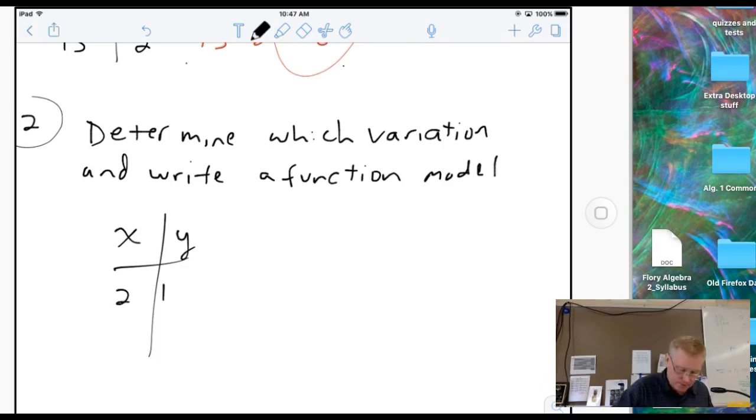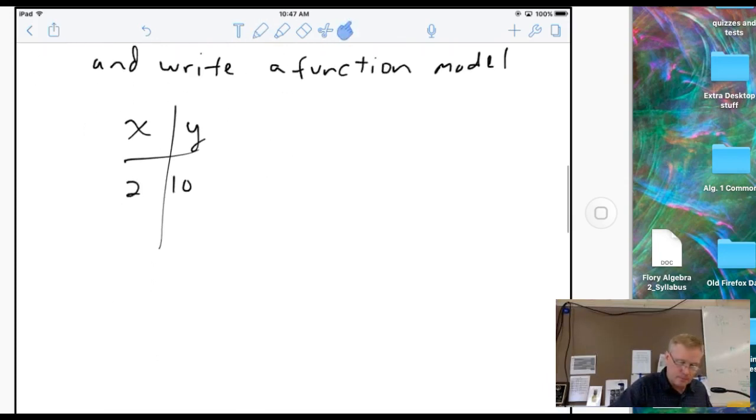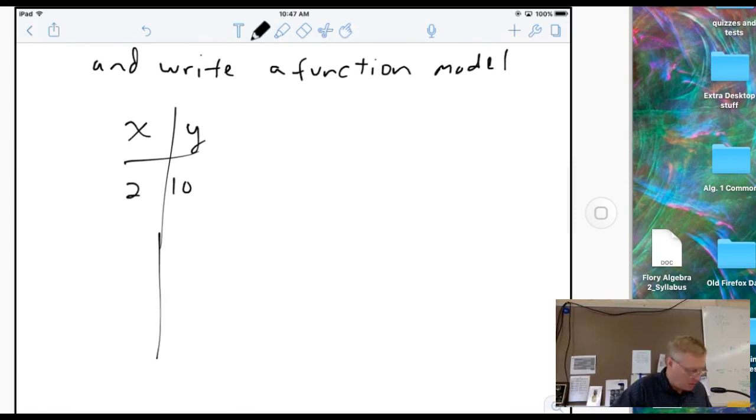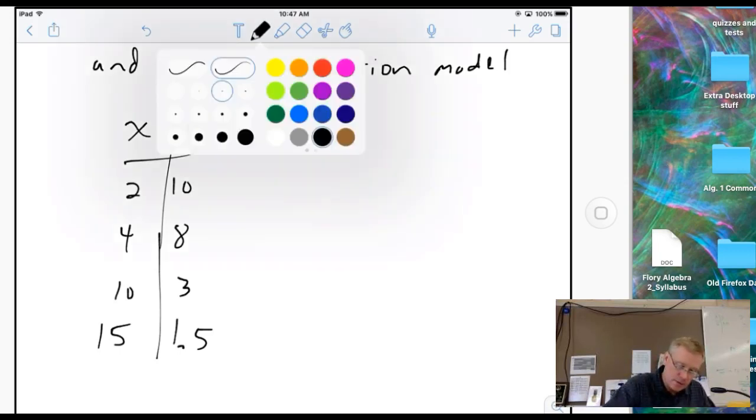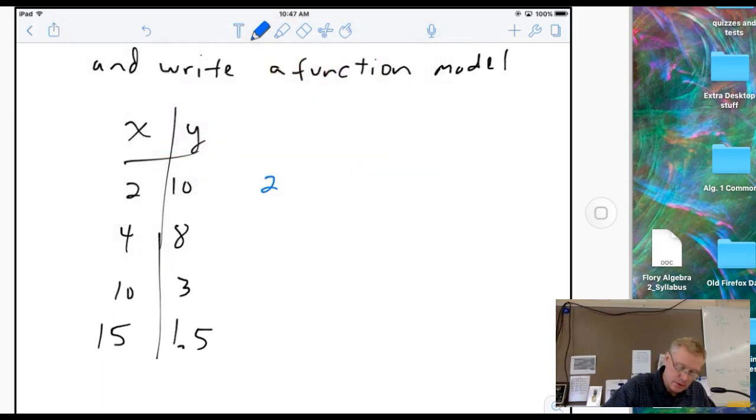I got 2, 10, 4, 8, 10, 3, 15, 1.5. Okay, so if it was inverse, I multiply the x times the y, and I'll get 2 times 10 is 20.